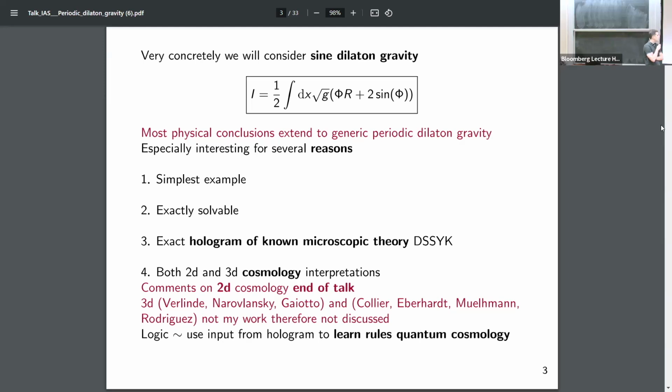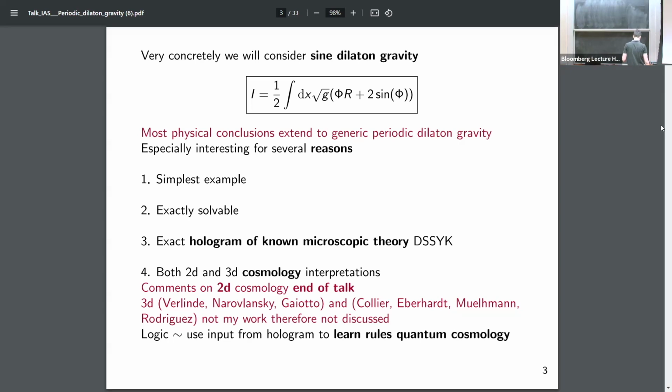So the sine gravity theory we've shown is an exact hologram of a known microscopic theory called double-scaled SYK. And that's good. If you have an exact holographic relation with the quantum mechanical theory, you can hope to use input from that hologram to try to learn the rules of gravity instead of putting them in.